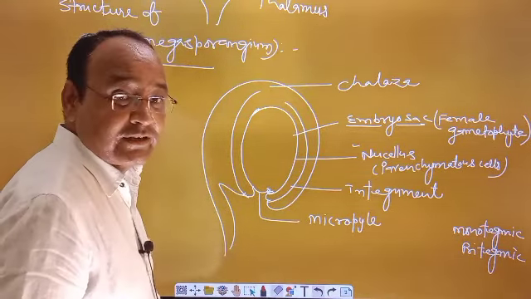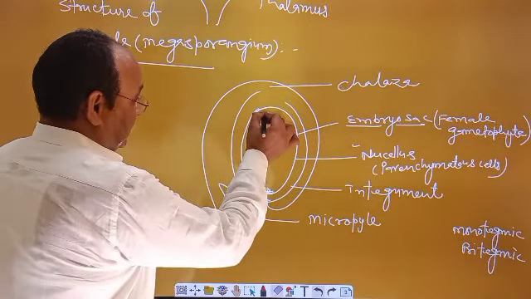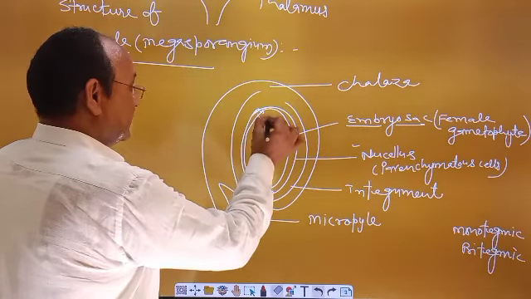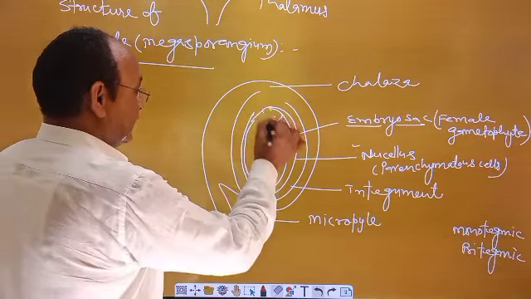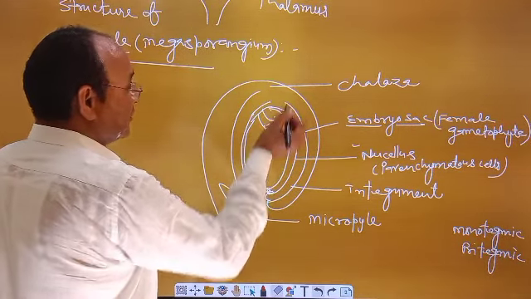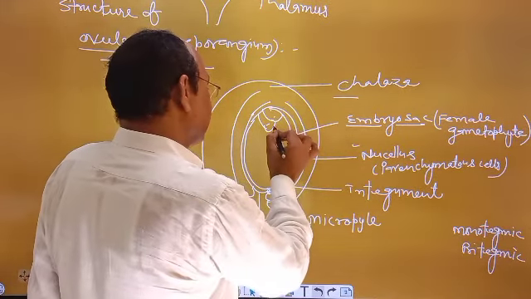Especially in embryo sac, imagine that this is the embryo sac. Three cells are present or situated toward the chalaza.